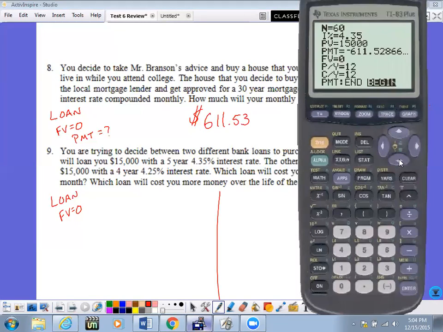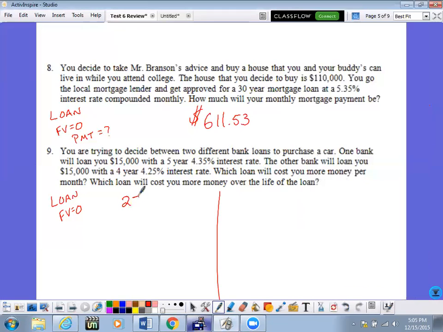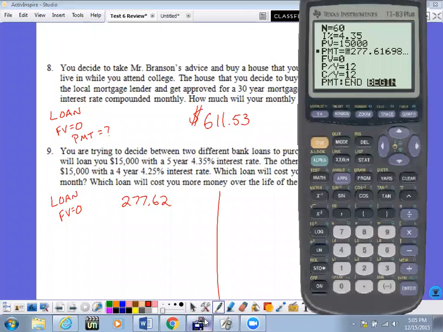Payments per year, we're going to make monthly payments per year, and compounding periods is going to be 12 as well. Solve for your payment. So this one's $277.62.